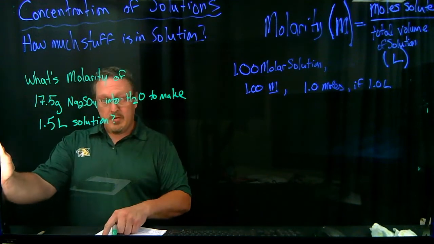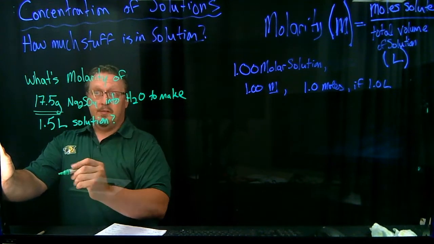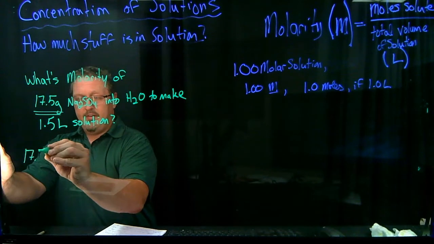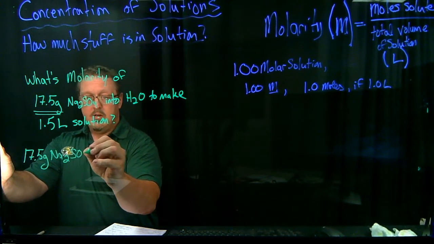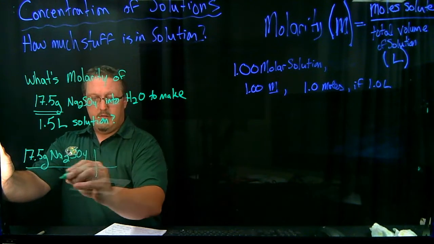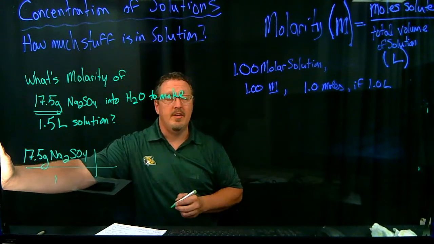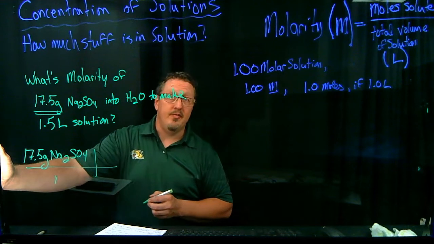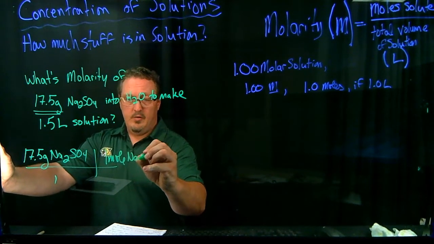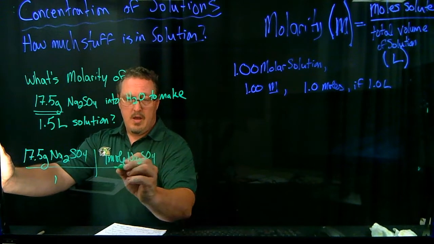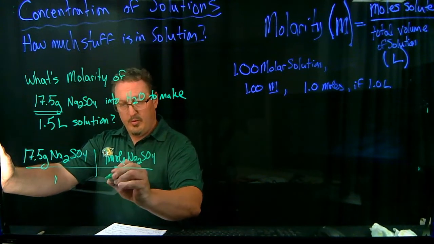First thing we want to do, grams has to get to moles. So 17.5 grams of Na2SO4 over 1. We go to the periodic table and find its molar mass. We find that 1 mole of Na2SO4 has a mass of 142.1 grams.